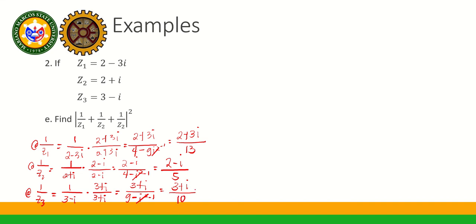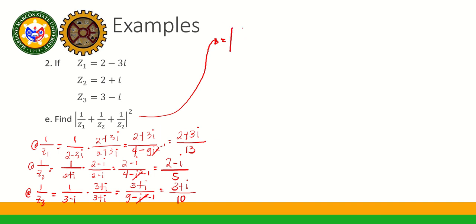Okay. So, itong mga ito is i-add natin and then i-square natin. So, this will be equal to absolute value pala. Okay.